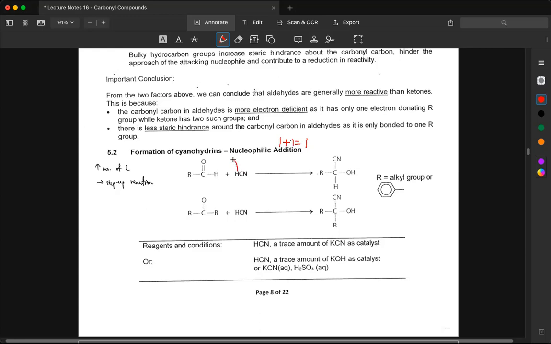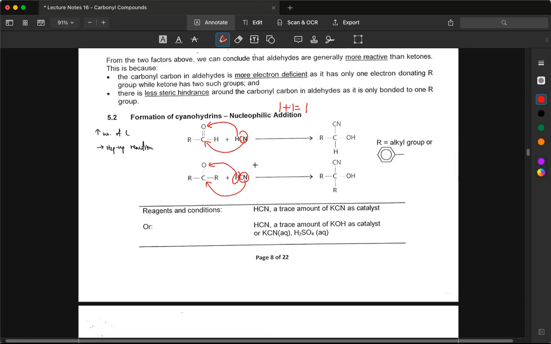This one adds, this one adds. Same here, the H adds. So the reagents and conditions are HCN, but you need some amount of KCN as the catalyst.